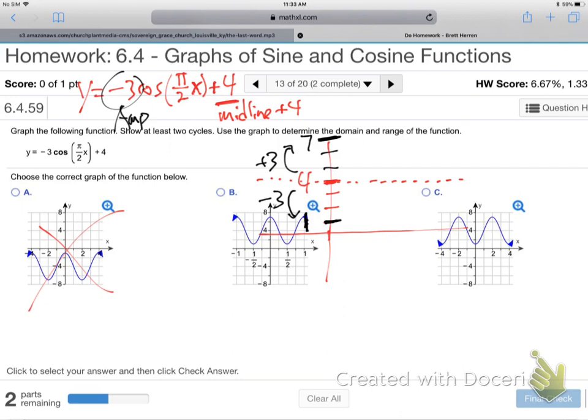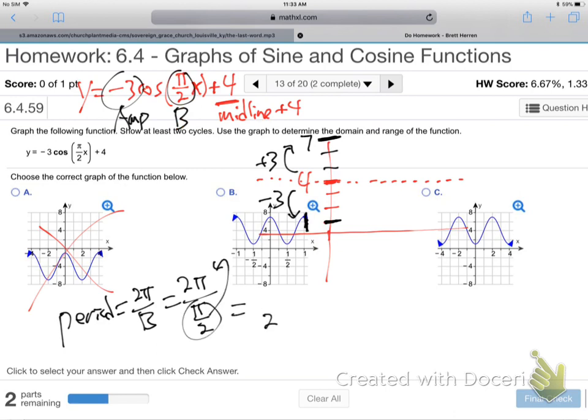And what's the period? Let's do the period down here. Period is 2 pi over b. What's b? Pi over 2. 2 pi over, take that, flip it up. So it's 2 pi times 2 over pi. Pi's cancel. 4? Just plain 4, no pi, huh? So the period's 4.